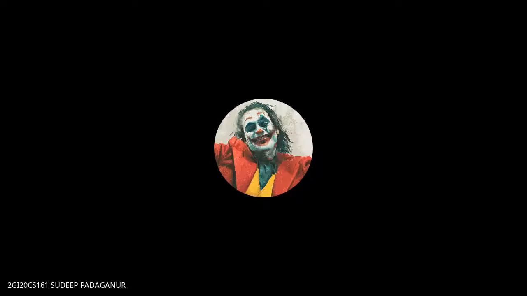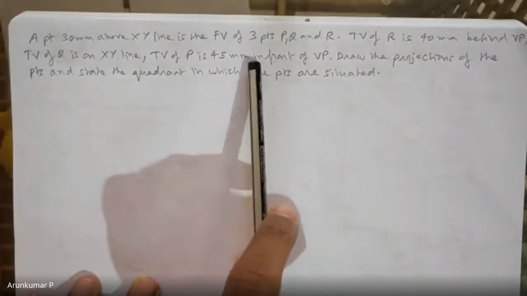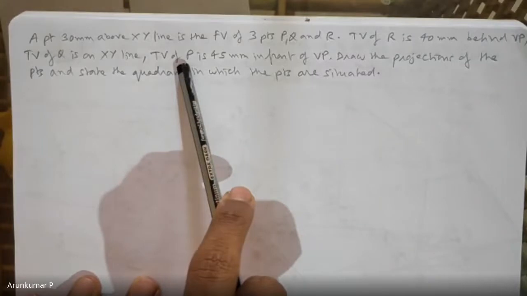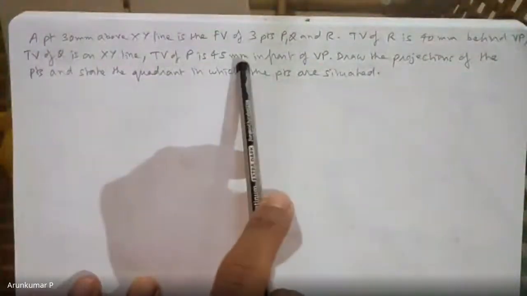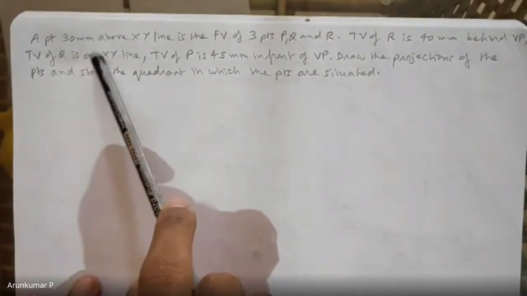First quadrant. Yes, because the top view is 45 mm in front and front view of course is above. So you can say that yes, P is in the first quadrant. How about Q? The top view of Q is on XY line.